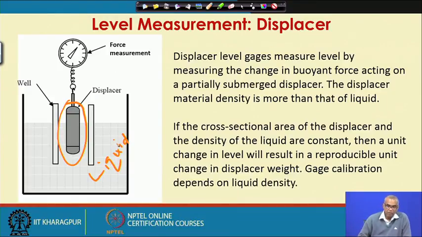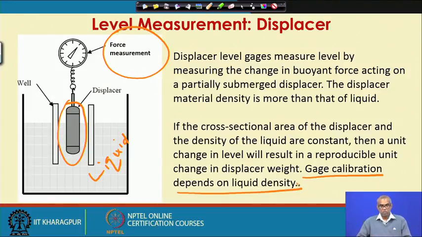So, if I can measure force or weight, I will be able to measure the level of the liquid from the apparent loss of the weight of the displacer. Since the measurement depends on the density of the liquid whose level we are measuring, the gauge calibration depends on the liquid density.